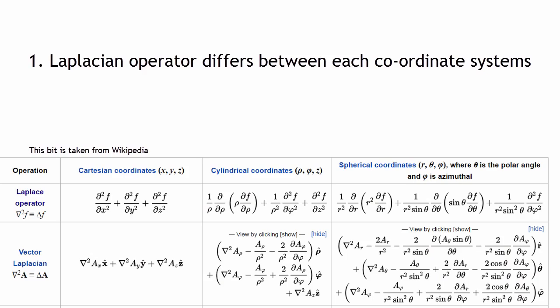But what you should know about this Laplacian operator is that one, it will differ between different types of coordinate systems, and it will involve some sort of partial derivative. And so since the Laplacian involves a partial derivative and the Laplacian operator is also part of a Helmholtz equation, this makes Helmholtz equations some sort of partial differential equation, which does in fact sound really cool.